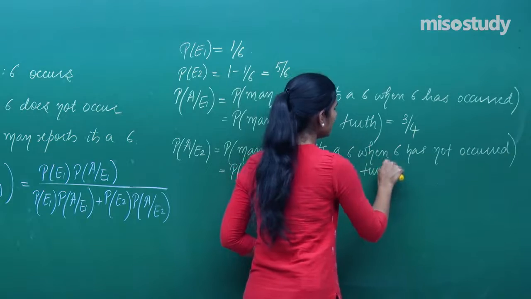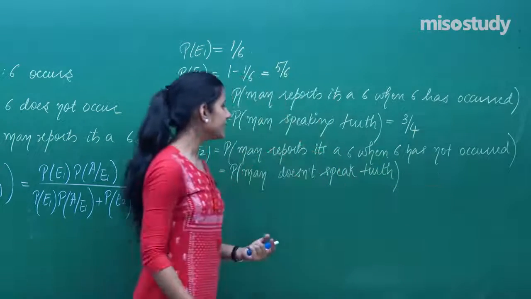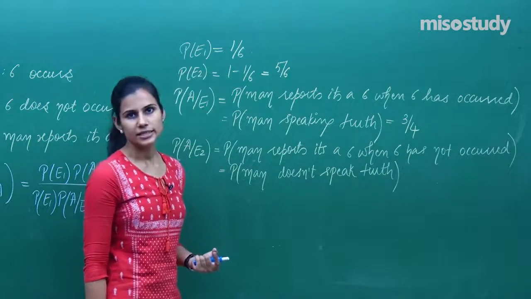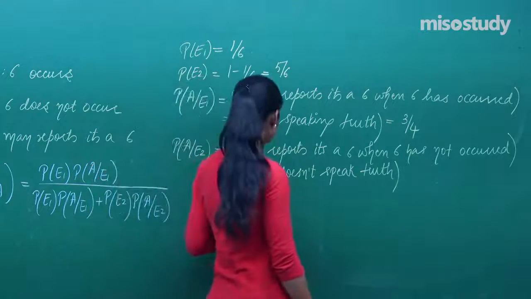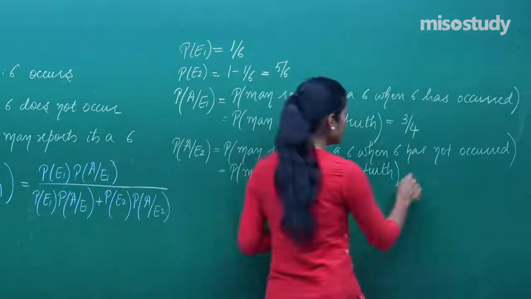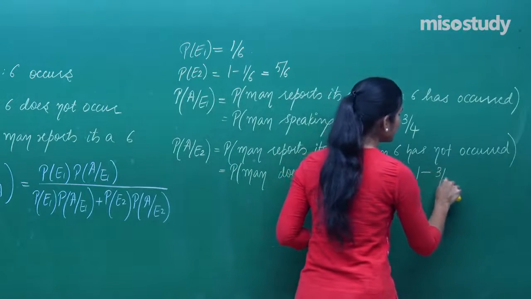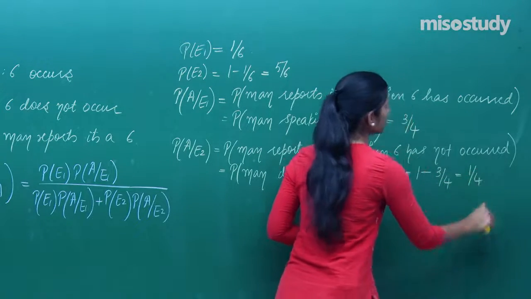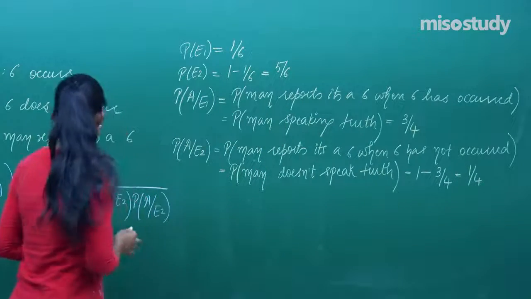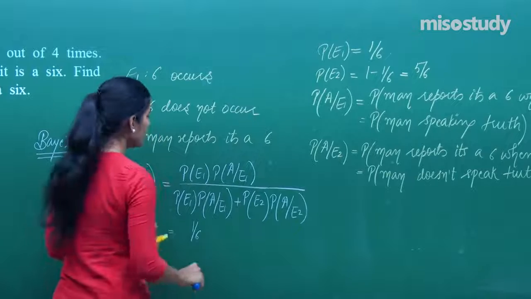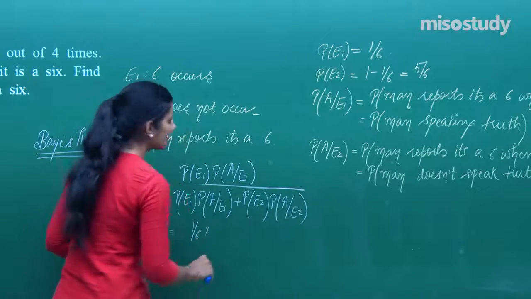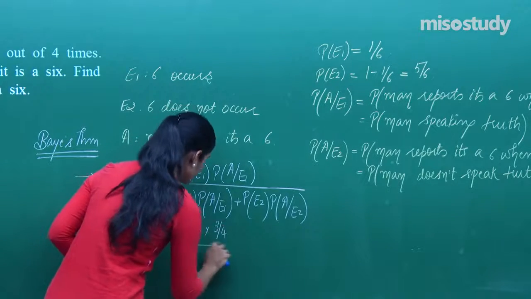Because 6 is not occurring and he is going and reporting it's a 6. That means he is not reporting what is true, he is reporting what is false. That means what is the probability that man is not speaking the truth? It's 1 minus probability that he is speaking the truth, which is 1 by 4. And now it's very easy. Probability of E1 is 1 by 6. Probability of A by E1 is 3 by 4.